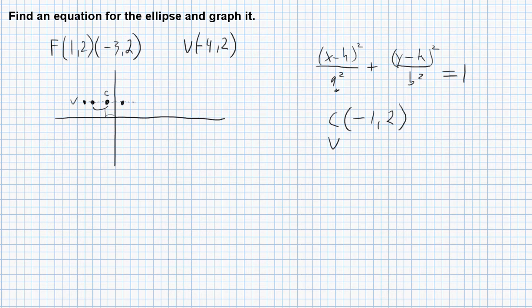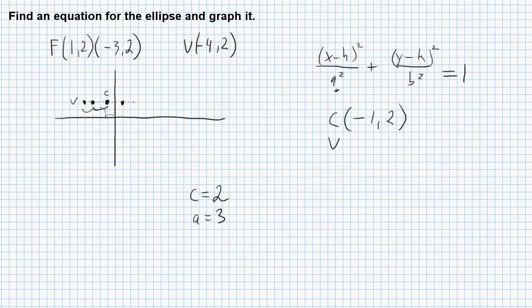So we can see here that c, the focal distance, is 2. And if the center point here is at (-1, 2), we can see that it's 1, 2, 3 units to the vertex point. That's the major axis distance, so we can see that a must be equal to 3.